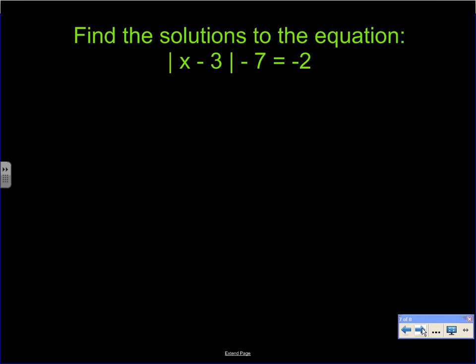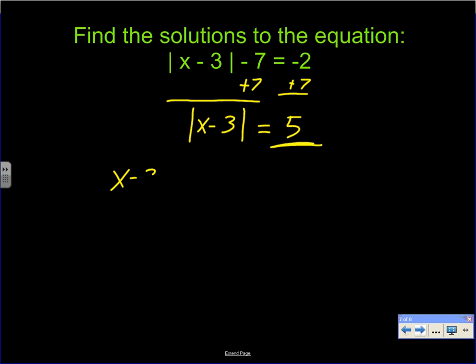Okay, to get the absolute value by itself, the absolute value of x minus 3 is equal to negative 2 plus 7 is a 5. And so now we know whatever's in the absolute value must be equal to a positive and a negative 5. So x minus 3 must be equal to a positive 5. X minus 3 must be equal to a negative 5.